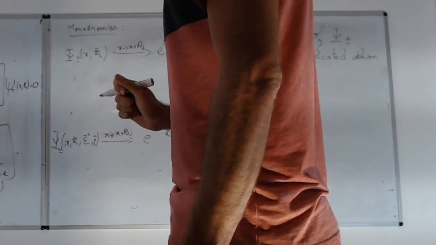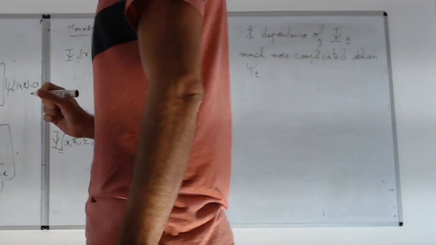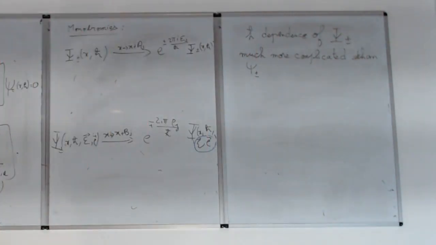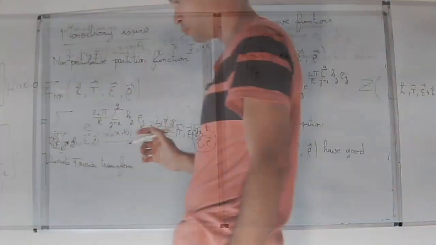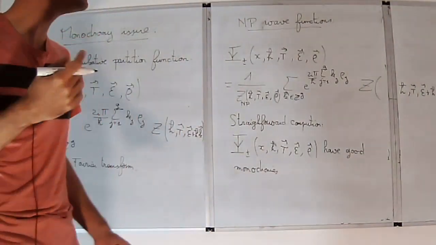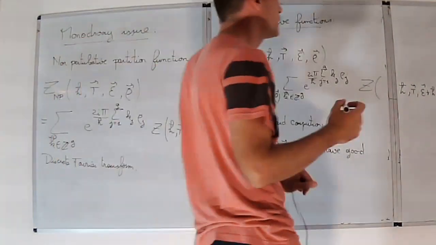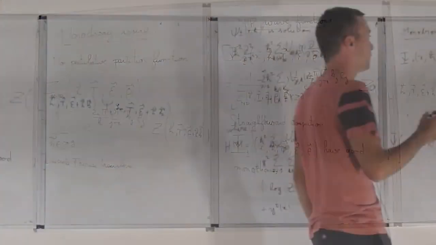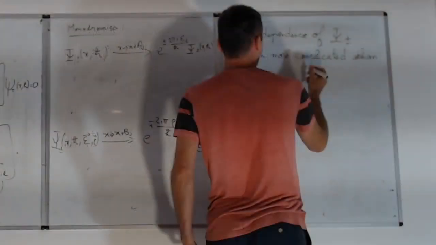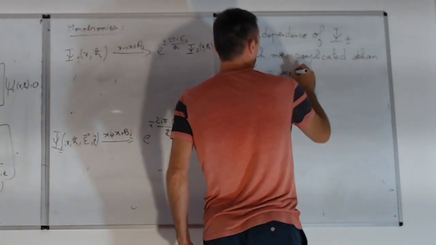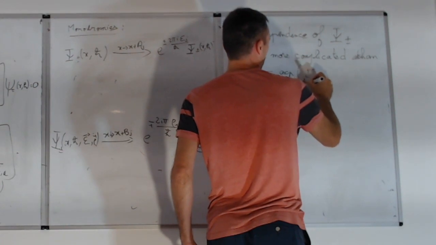So what we want is, this is the informal presentation. What we will do in the end is, remember that this kind of function was just some exponential of a sum over k equal -1.